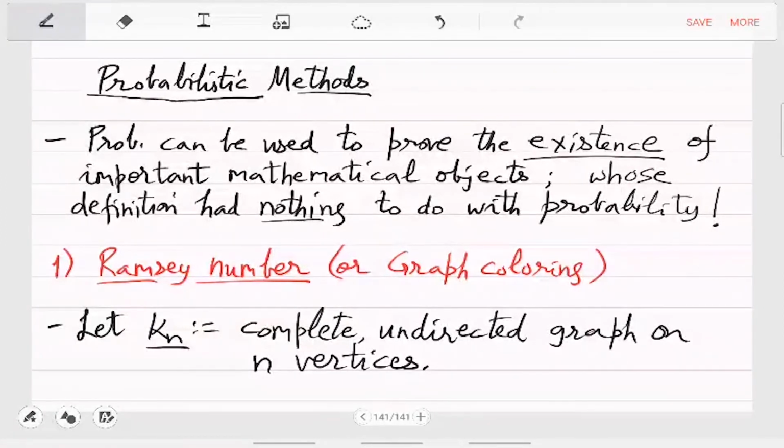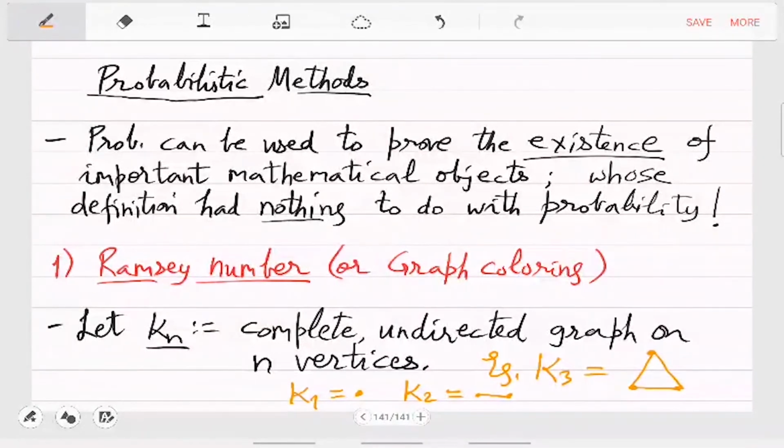For example, K3 is simply a triangle, and K4 will be a square with both the diagonals and so on. K2 will be a line segment, and K1 is just a point, just a vertex.